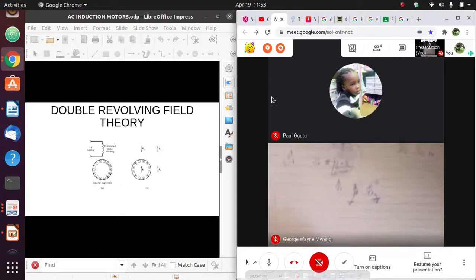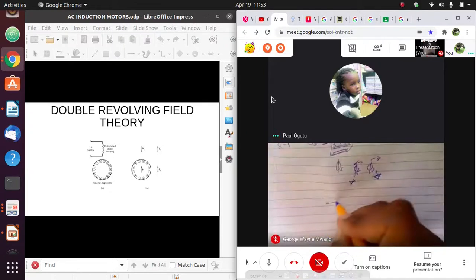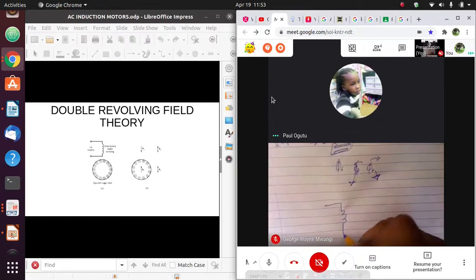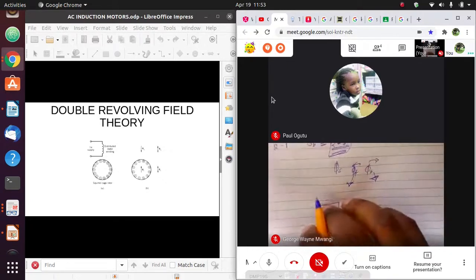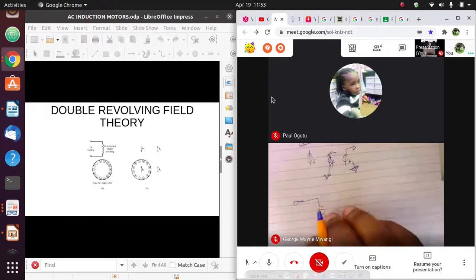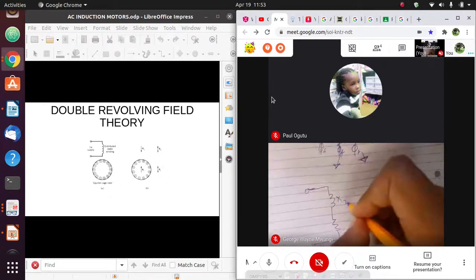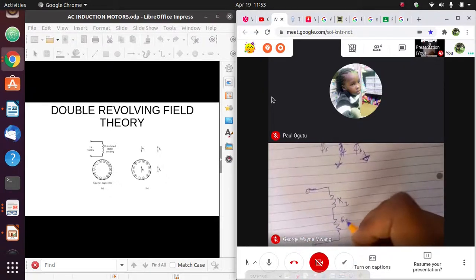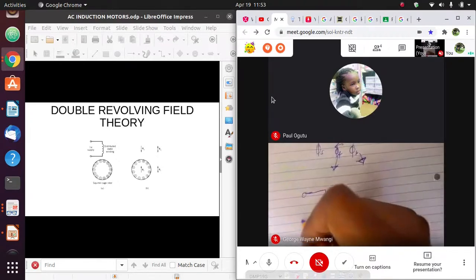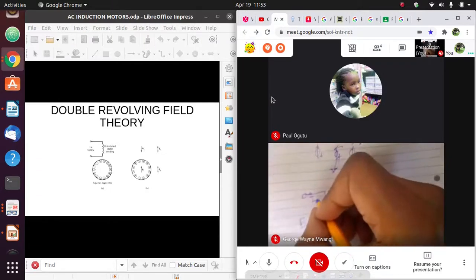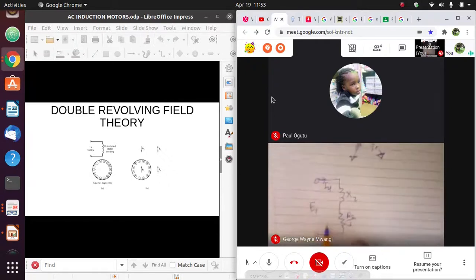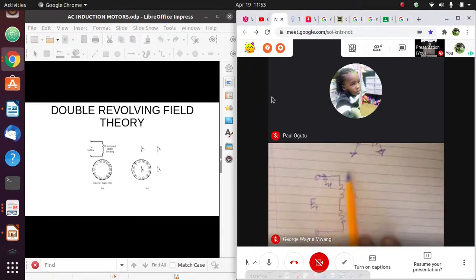Now, if we represent this effect as a circuit, we'll have a circuit. Now this is the rotor. The circuit of a rotor, when it is represented in the forward direction, when the effect of the flux is in the forward direction.